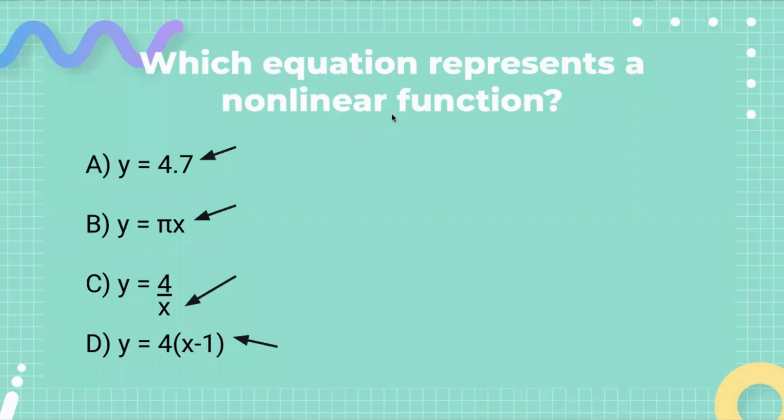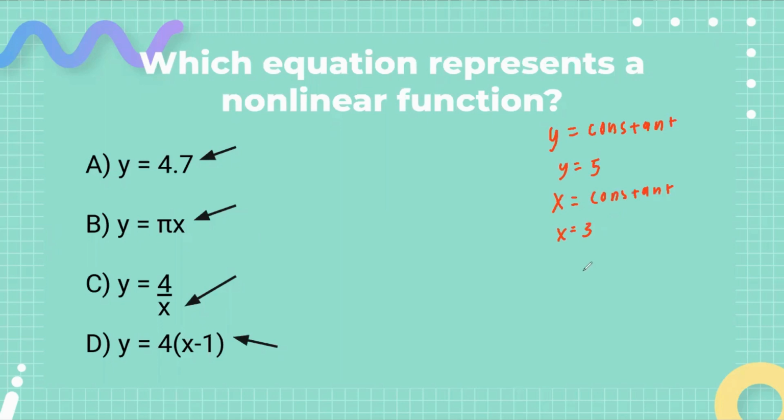Alternatively, linear functions can also take the form of horizontal or vertical lines, meaning that it's just y equals a constant value, like y equals 5, and that would represent a horizontal line, which is still a linear function, or it can be x equals a constant, like x equals 3, and that would be a vertical line.